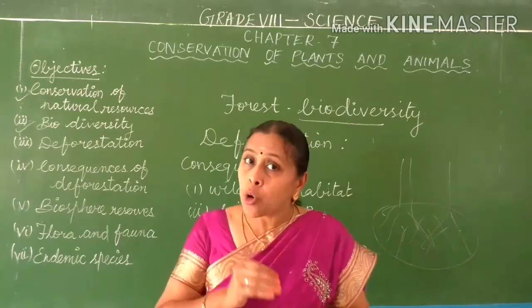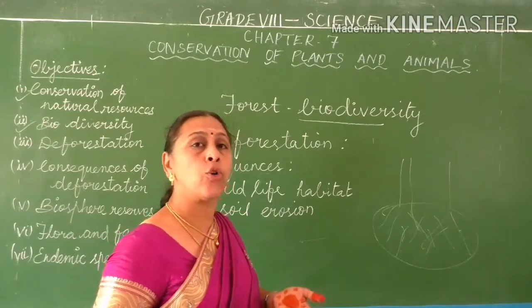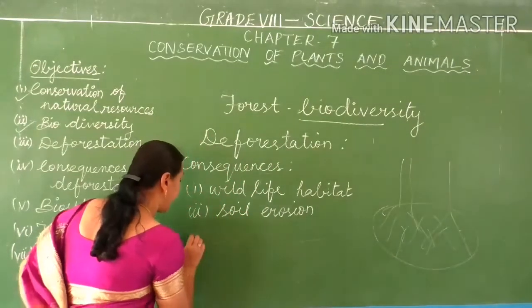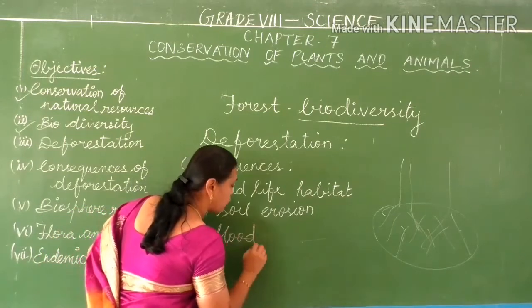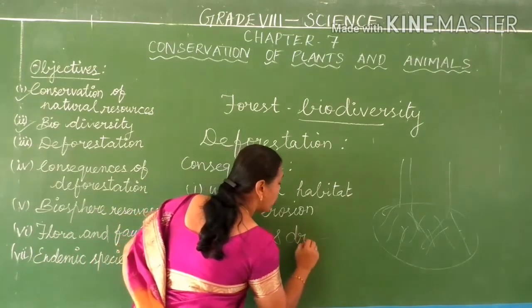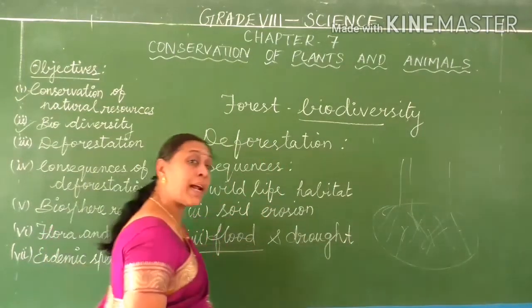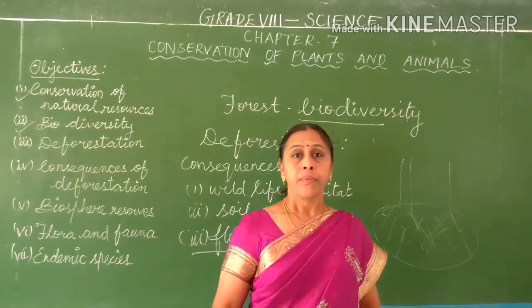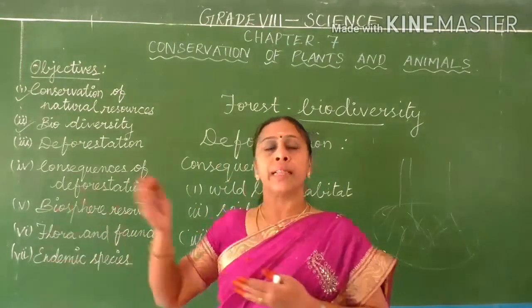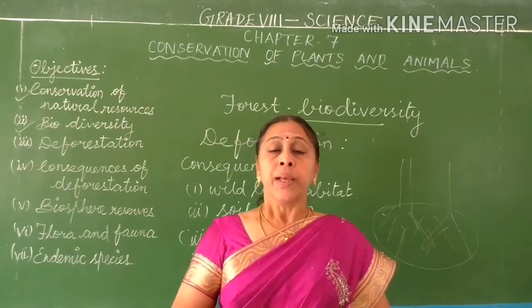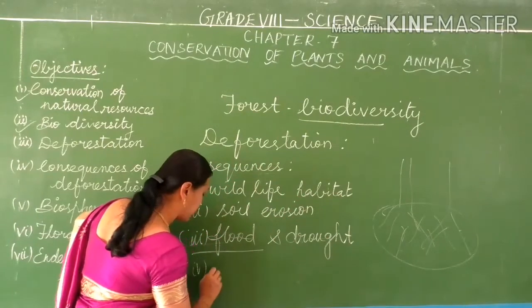If soil erosion takes place, naturally the other things will follow. That is, flood and drought will also follow. Because of soil erosion, flood and drought will also happen. How will the flood be there? If the soil becomes loose and gets eroded with the rainwater, the top layer will be lost and the soil will lose its fertility also.